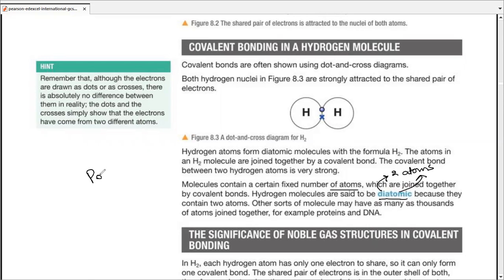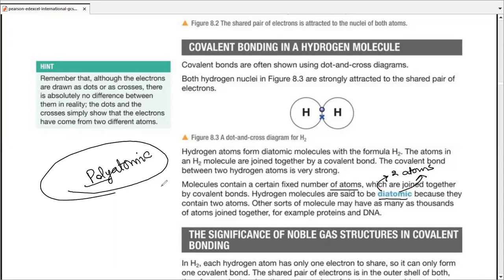We usually simply use the word polyatomic, where the word poly means many. So if it has more than 2 atoms, you can easily call it polyatomic. Well, we call the ones with 2 atoms diatomic and any more than 2 polyatomic. Clear enough?